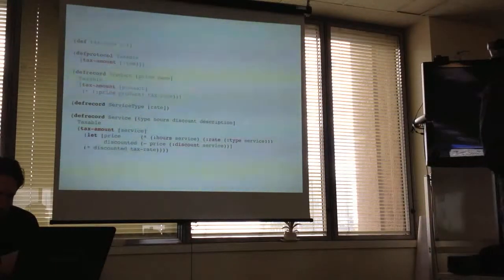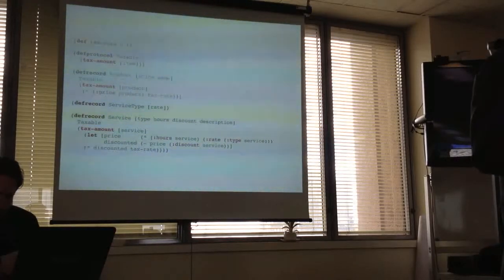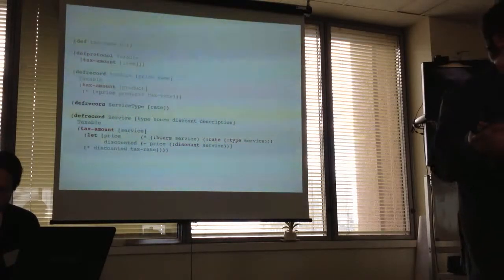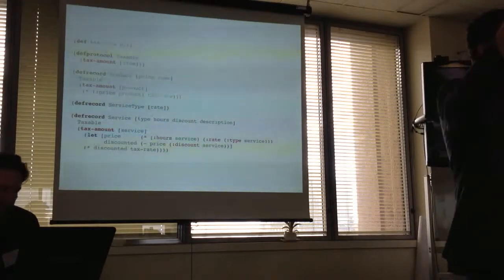Cool? Yes? Can a record implement multiple independent working protocols? Absolutely. And also you can extend existing records with new protocols. So say in your date library, you define a date time class, and then you package it up, you ship it.